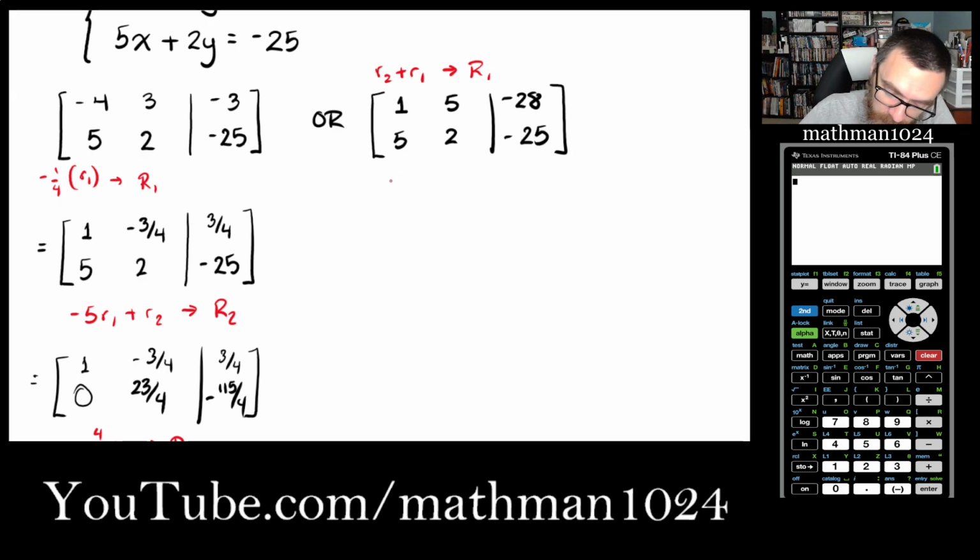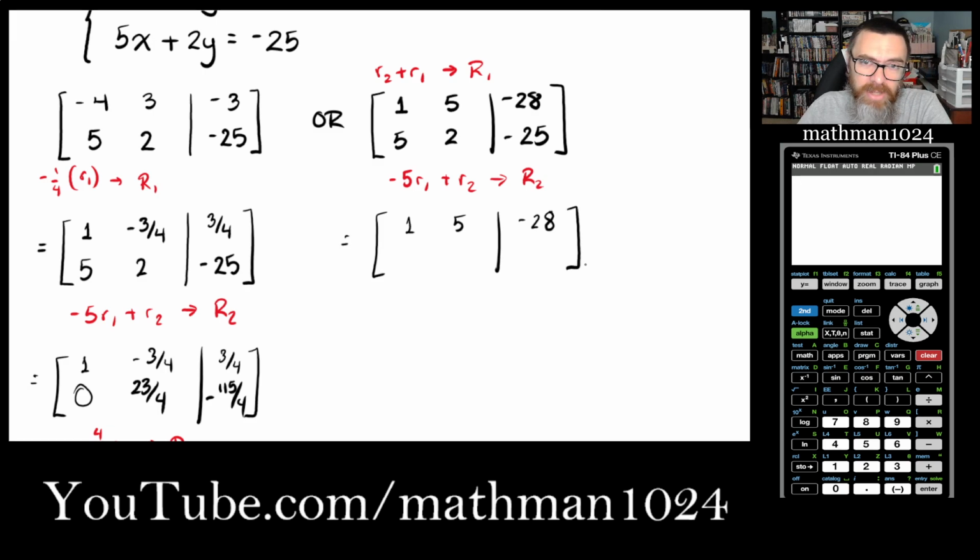So now if I multiply negative 5 times row 1 and add that to row 2 and replace that into R2. 1, 5, negative 28. Negative 5 times 1 is negative 5, plus 5 is 0. Negative 5 times 5 is negative 25, plus 2 is negative 23.